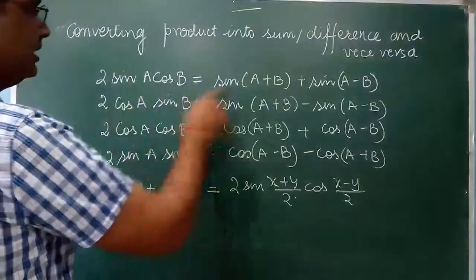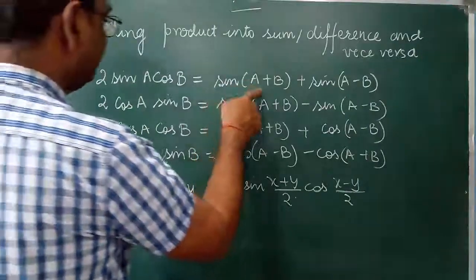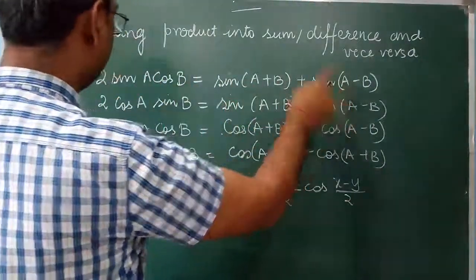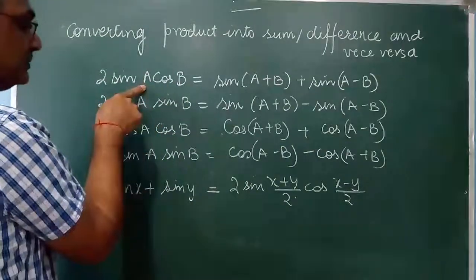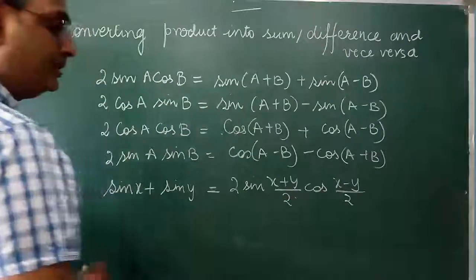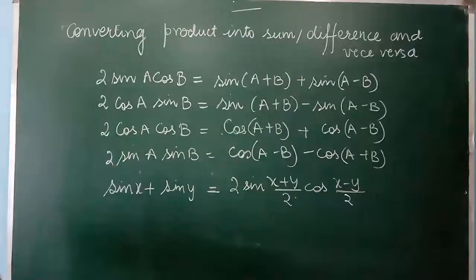The only thing is, here you are putting x and y in place of A and B. Here you are putting x plus y, and x minus y by 2 will be there in both. So the first formula is sin A plus sin B.